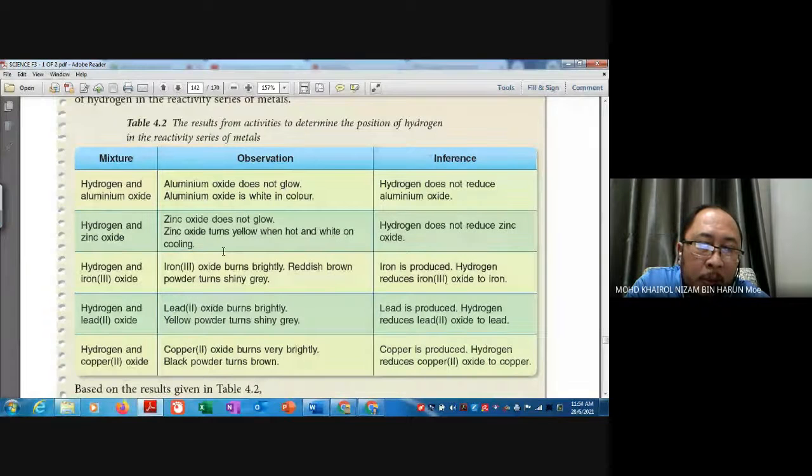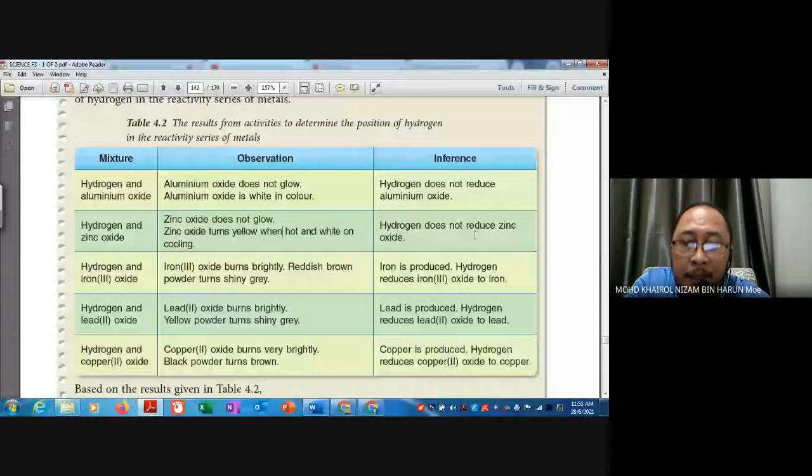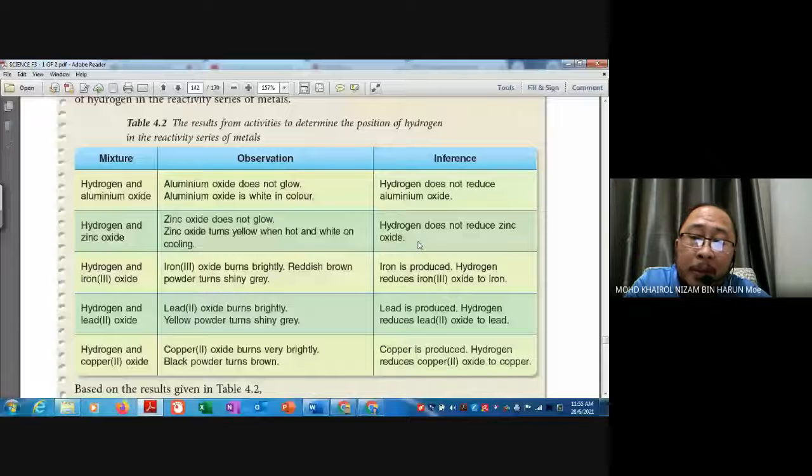Next we look at hydrogen reacting with zinc oxide. What happened? Zinc oxide does not glow. Same as aluminium, it means that hydrogen cannot reduce zinc oxide, which means that hydrogen is less reactive compared to zinc.